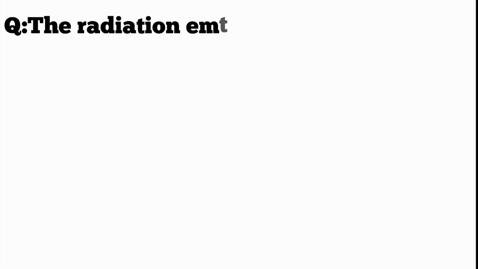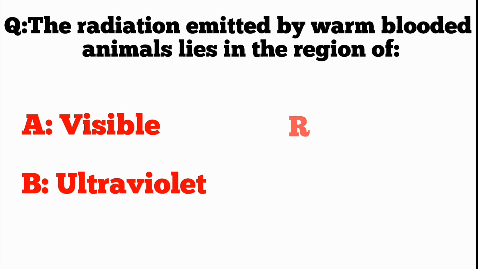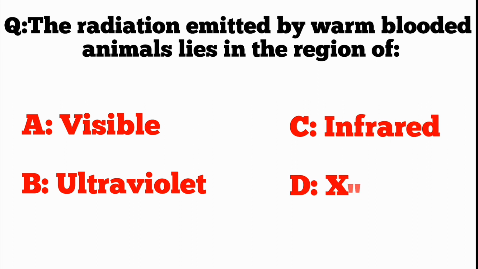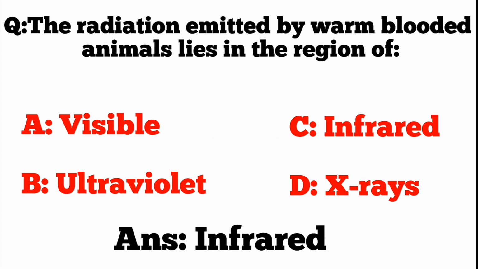Q. The radiation emitted by warm-blooded animals lies in the region of: A. Visible, B. Ultraviolet, C. Infrared, D. X-rays. Answer: Infrared.